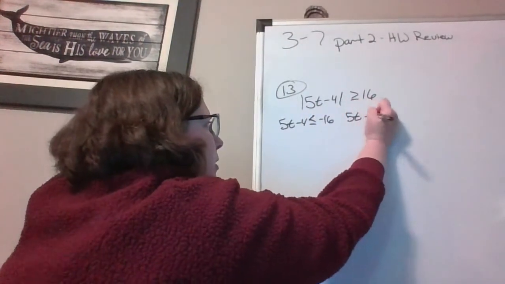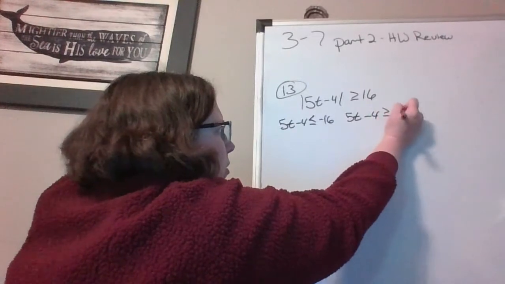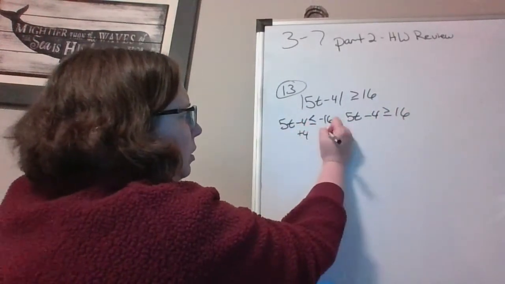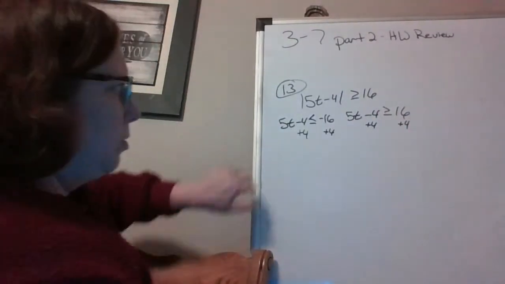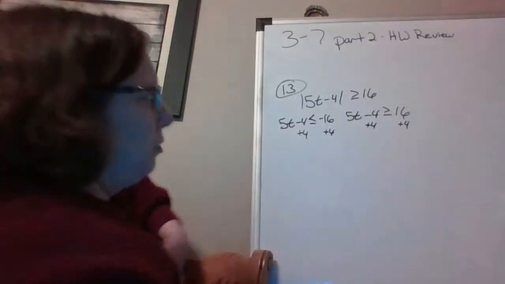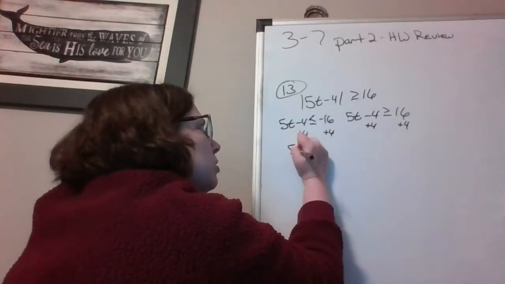And then 5t minus 4. So we are going to go about this 2-step inequality by getting rid of the minus 4 first.